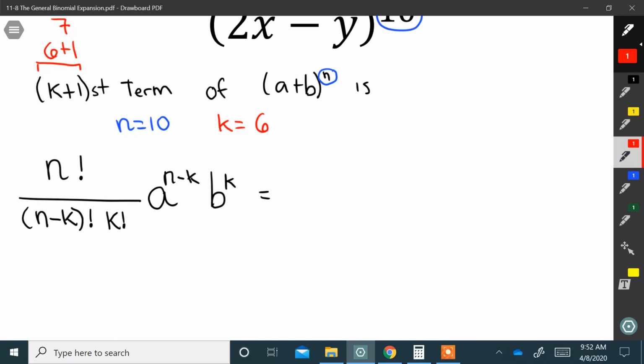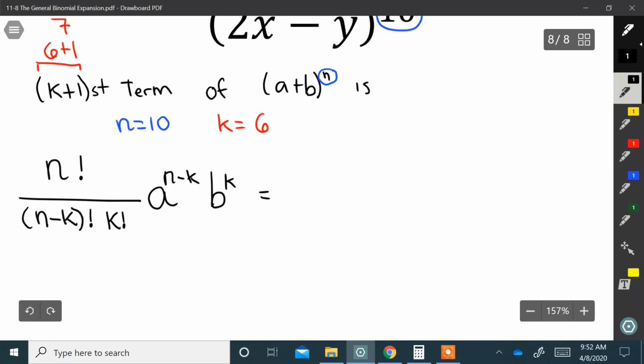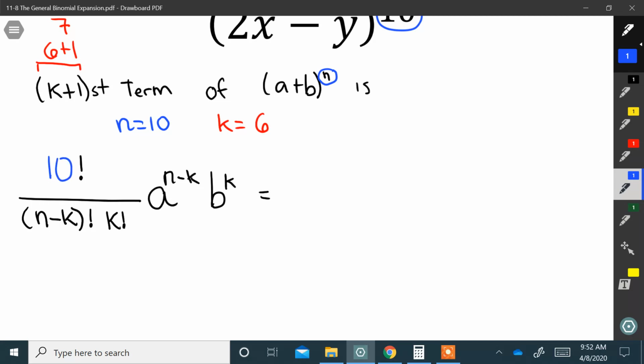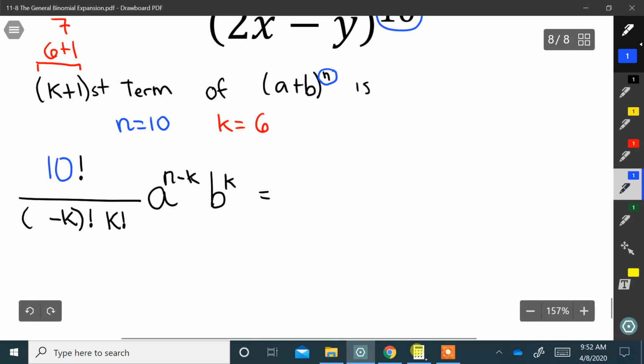Let's move on. We're going to replace that n factorial with all the 10s. So I'm just gonna go ahead and do that. I'm just gonna use my eraser here. So the n, I'm gonna replace it with a 10. The n here, I'm gonna replace it with the 10. This n right here, also going to replace it with a 10.